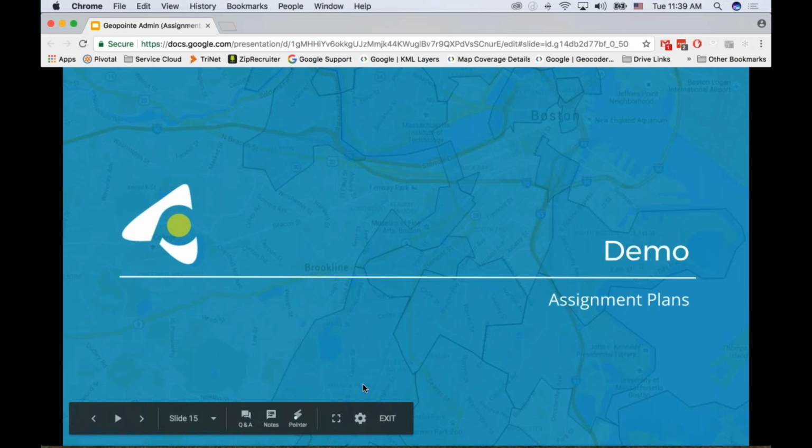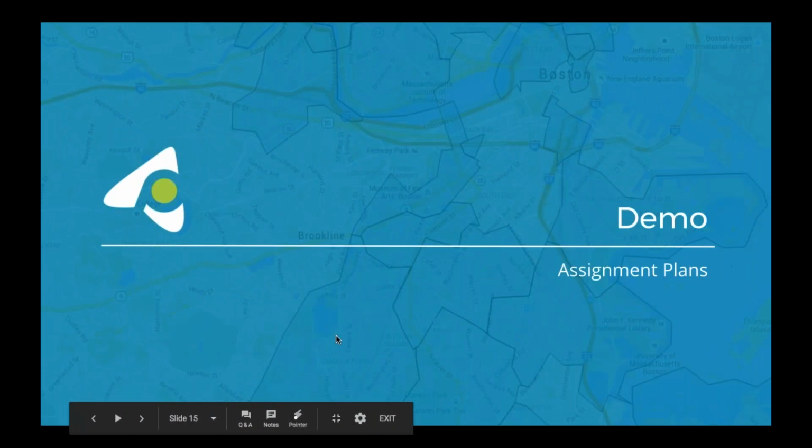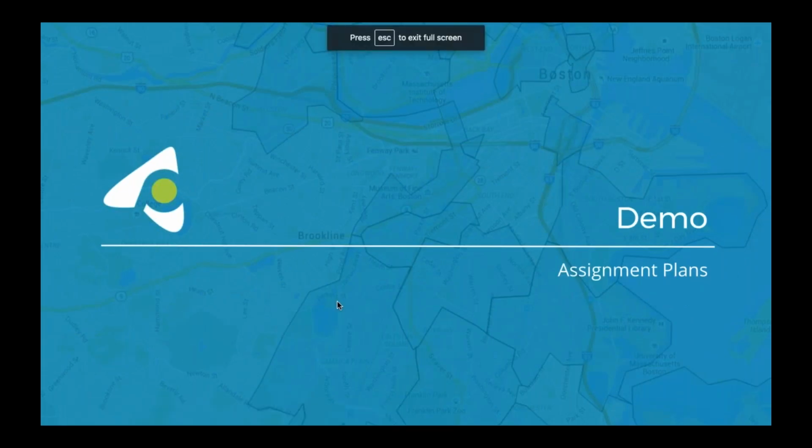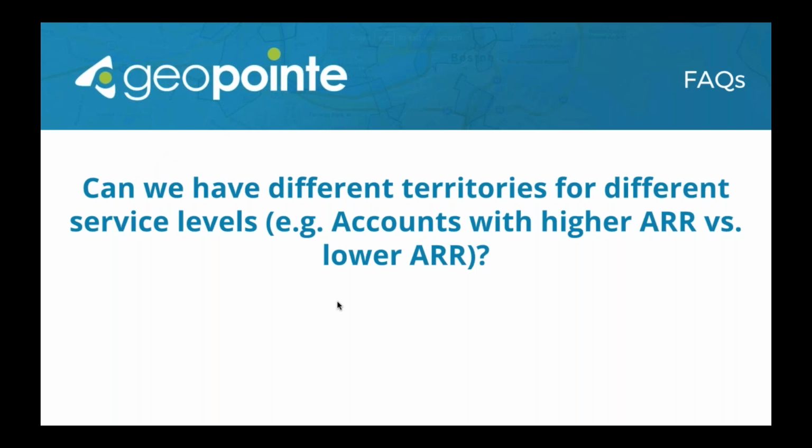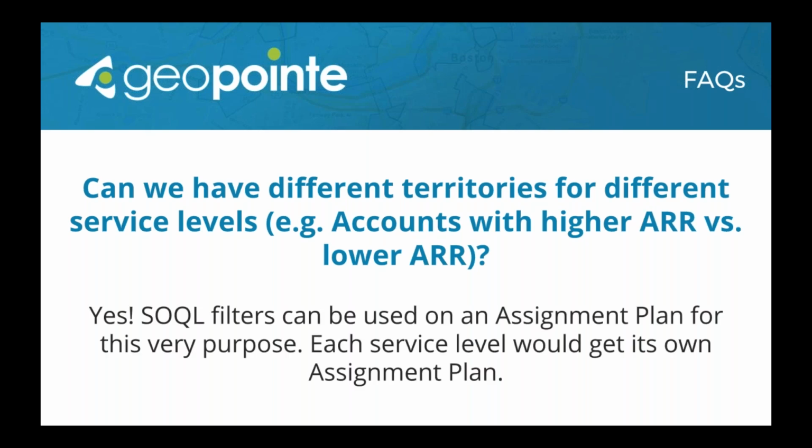So let's jump back over to our presentation and talk out some of the frequently asked questions with it. So first, I touched on this a little bit already, but can we have different territories for different service levels? And the answer is yes, absolutely. That's exactly what the SOQL filter is there for.